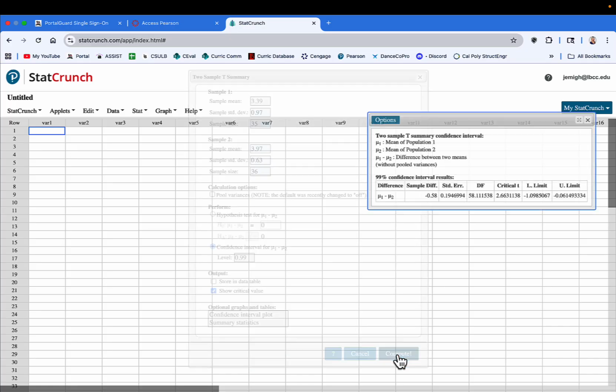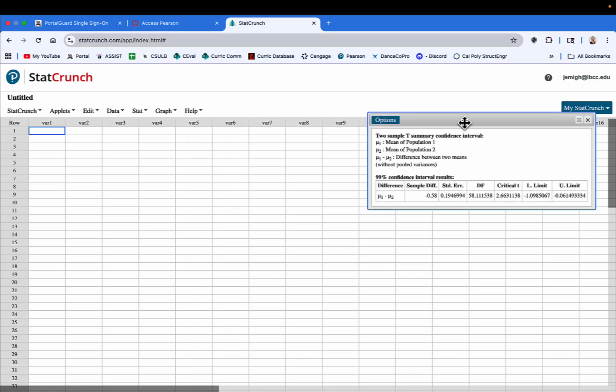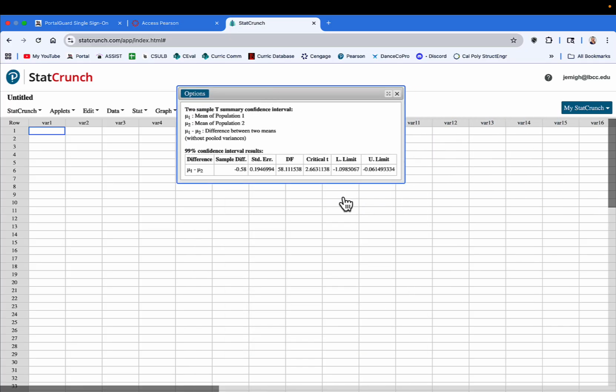Compute. And for a confidence interval, we need L limit and U limit. Those are the lower and the upper limits. Notice that they're both negative. Negative 1.0985 and so on, and negative 0.06149 and so on. All right, let's take that back to the notes.